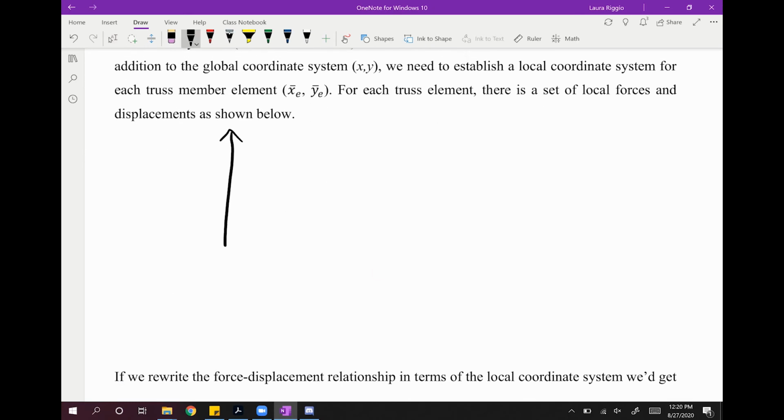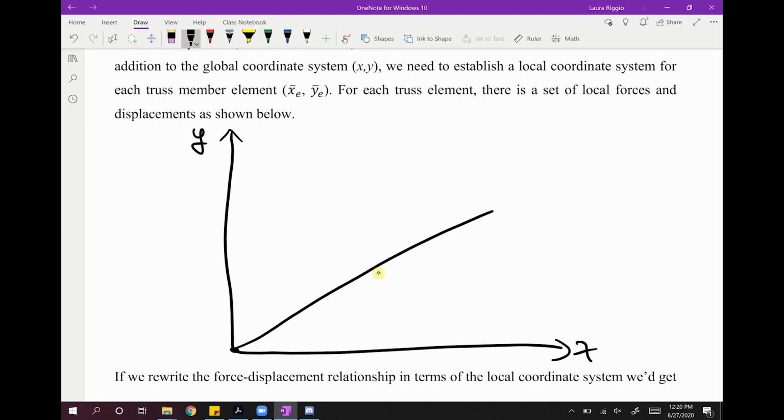So what do I mean? Here we have our coordinate system, XY, that's our global coordinate system. And I'm going to draw a random truss member. It has a certain length H. It has ends 1 and 2.